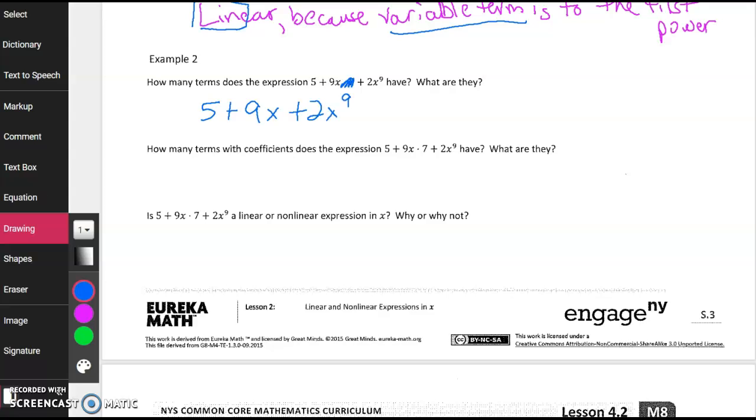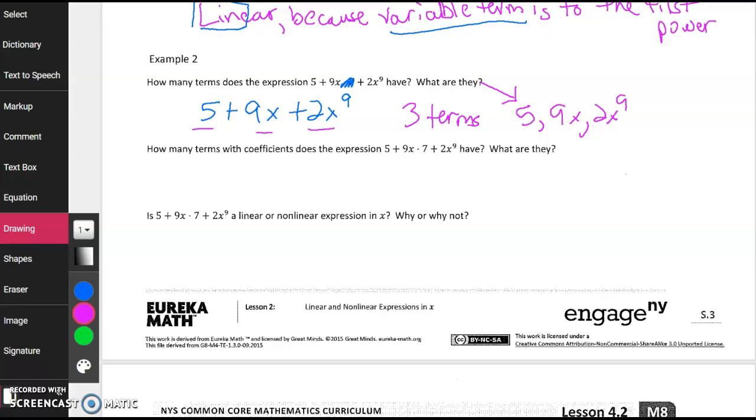So I want to know how many terms we have here. What's being added together? How many things? 3 things. So we'd say there's 3 terms. And what are they? Well, we rewrite it without the plus sign: 5, 9x, 2x to the 9th.